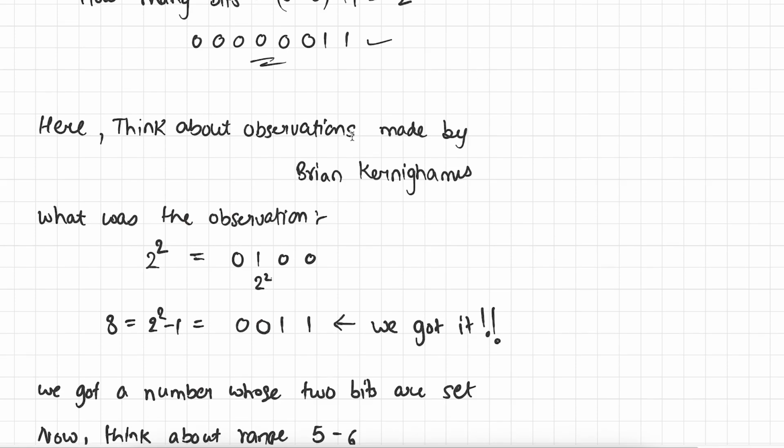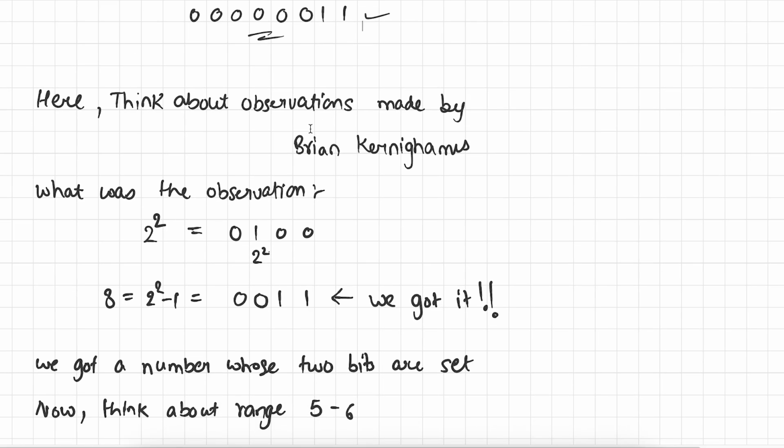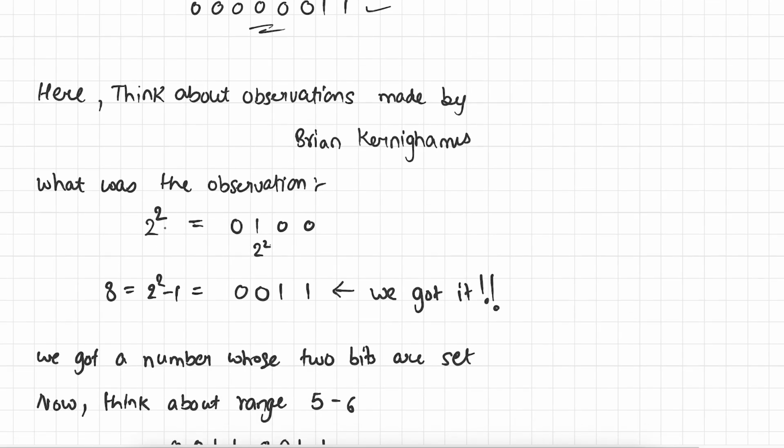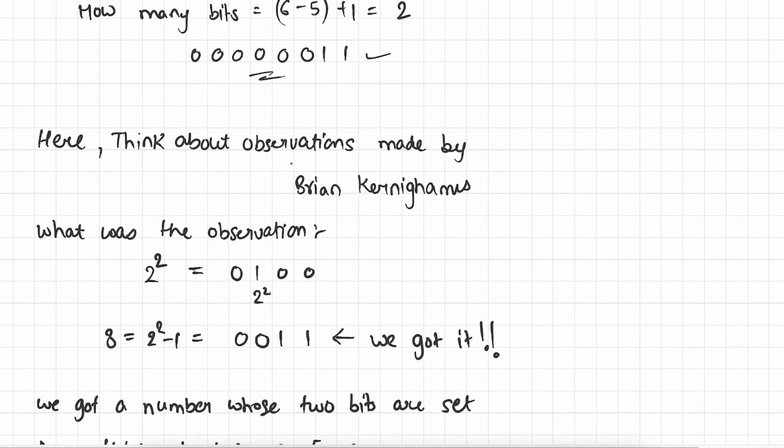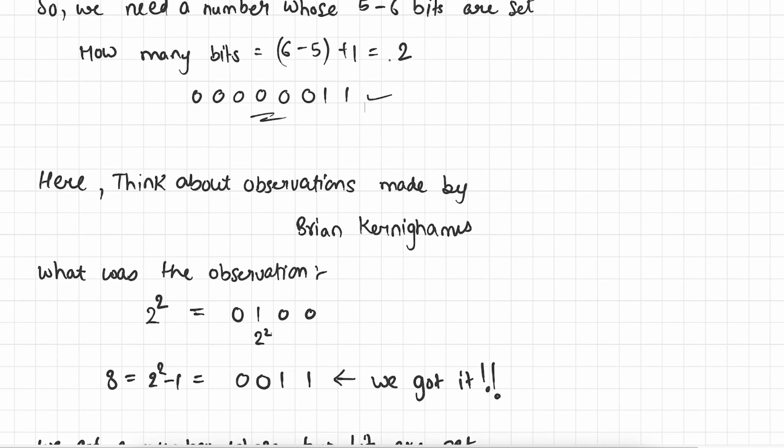So think about it, how do we get this number? If you have been watching this playlist from the first video, you must have known about Brian Kernighan's algorithm, and he made an interesting observation. The observation is, if you have a number 2 and you find power of 2 with that number, you get a number whose binary representation is 0100. Means here we want 2 bits to be set.